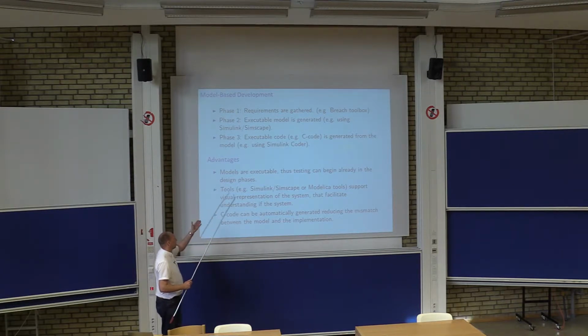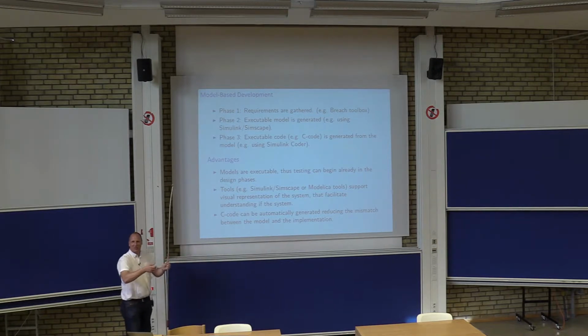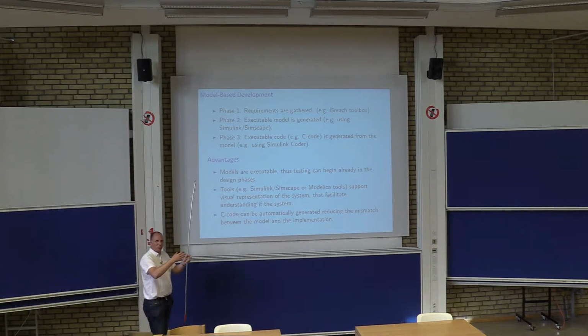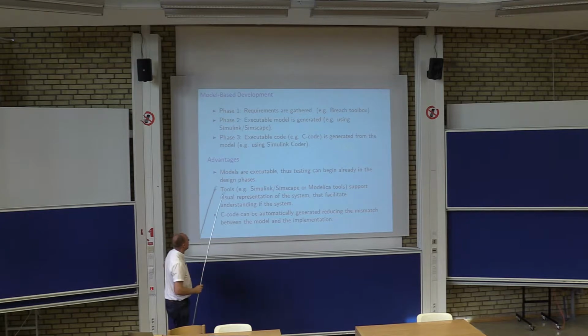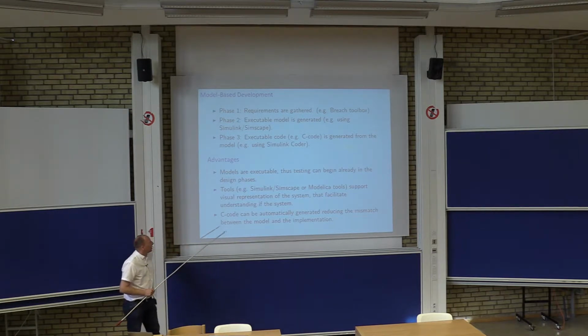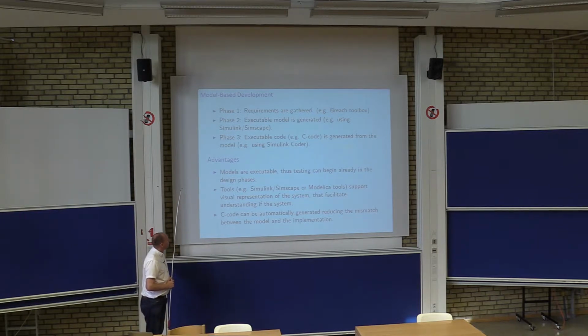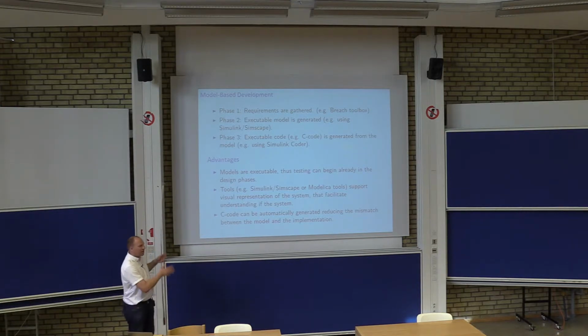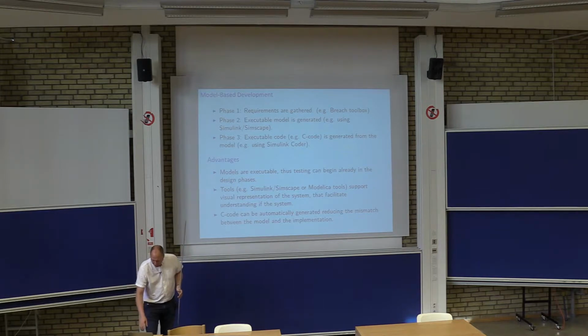They also support this visual representation, and you can have different pre-made components of physical systems and just connect them together. So it also speeds up the development a lot. We talked about the C code generation. So this basically summarizes the main advantages of model-based development.